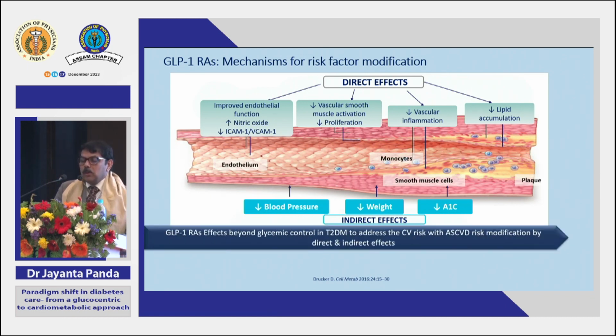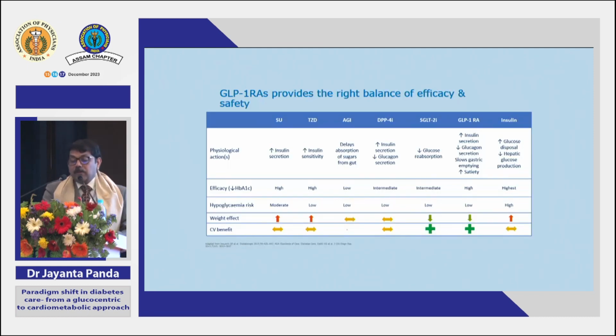So GLP-1 receptor agonists work beyond glycemic control for atherosclerotic cardiovascular disease risk modification, that all of us know. So if you see this group of drugs, the SGLT2 inhibitors and GLP-1 receptor agonists alone have the effect of weight reduction and cardiovascular benefit.